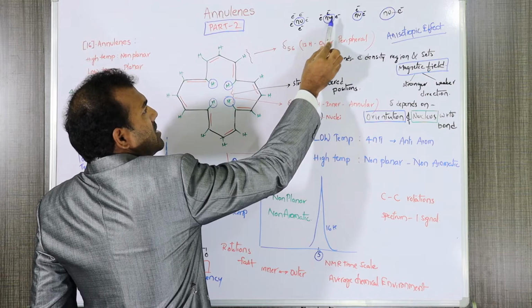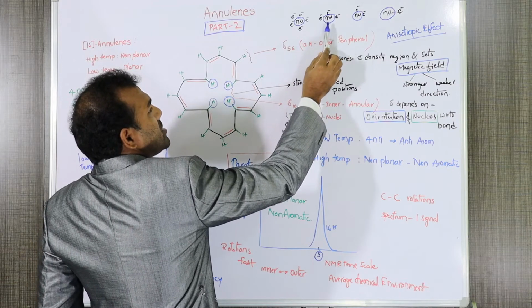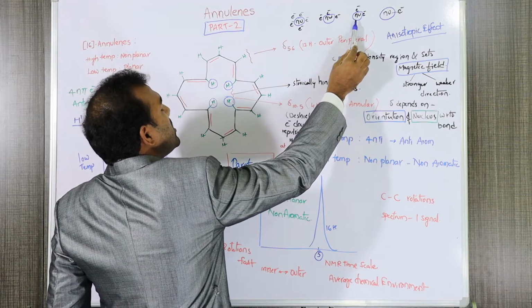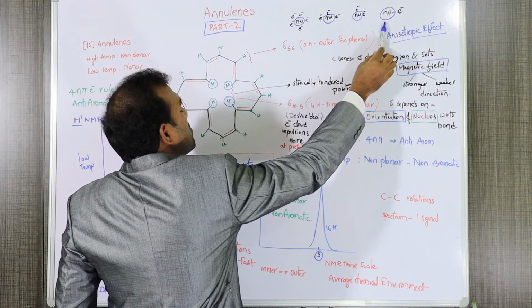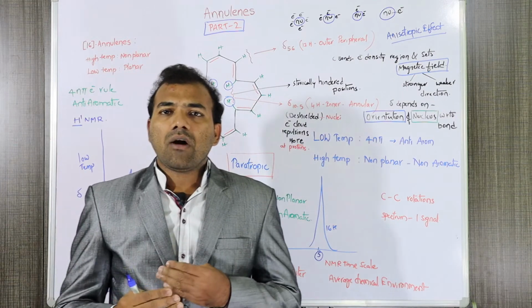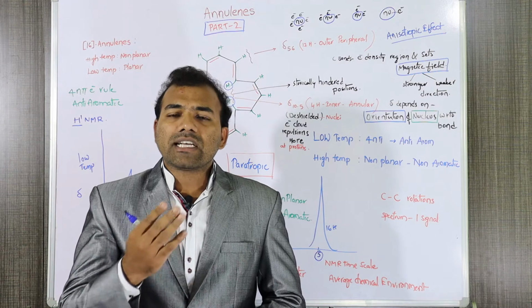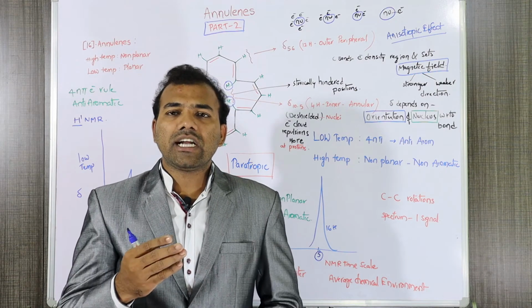Here there are only some electrons, so it is somewhat deshielded. Here it is more deshielded, and here much deshielded. Depending on the number of electrons around the nucleus, we say it is deshielded or shielded.